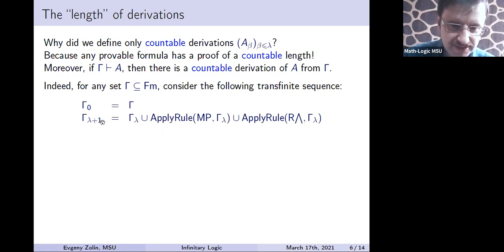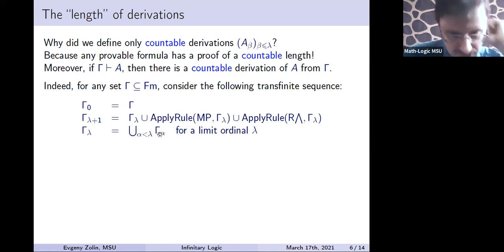So at the next step, lambda plus 1, we take previous formulas and apply modus ponens and the rule of conjunction to all previous formulas. And for limit ordinals, we simply take the union of all formulas that we already obtained.